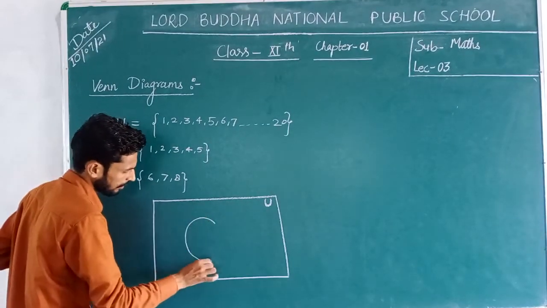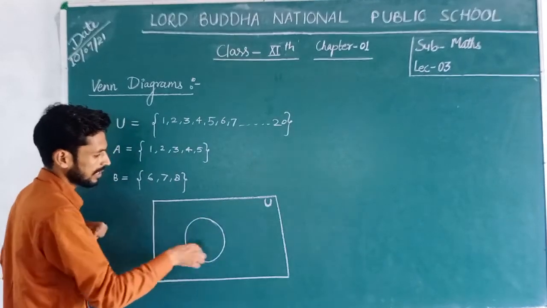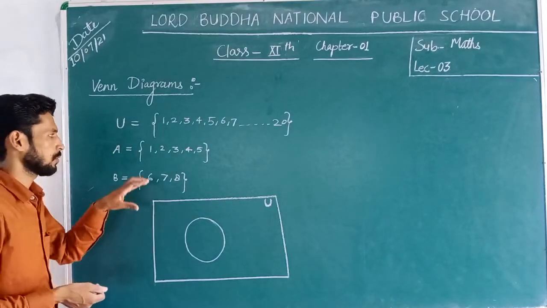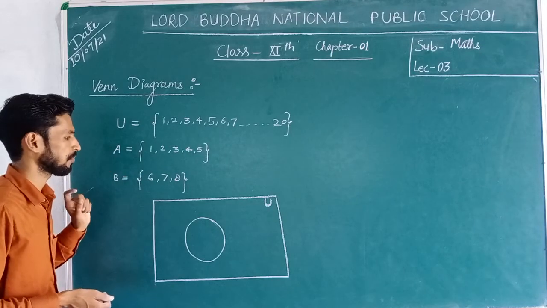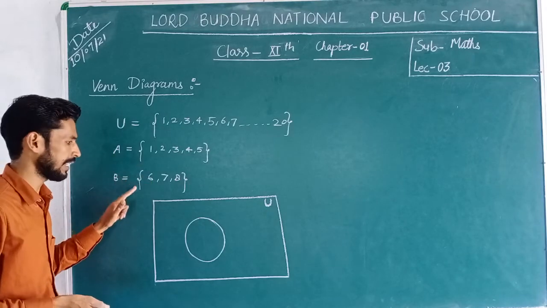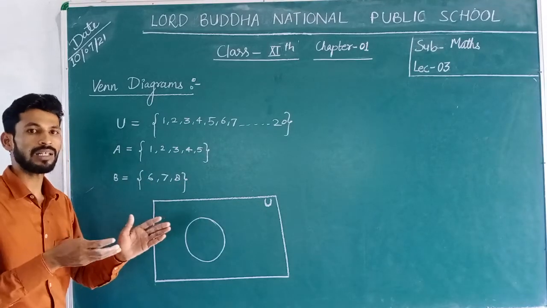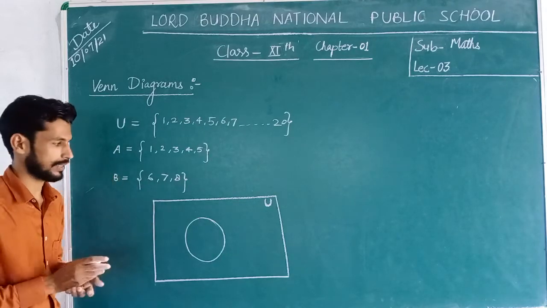Now represent here circles for representing the elements of sets A and B. If there is no common element between sets A and B, then we will draw different circles for the given sets.